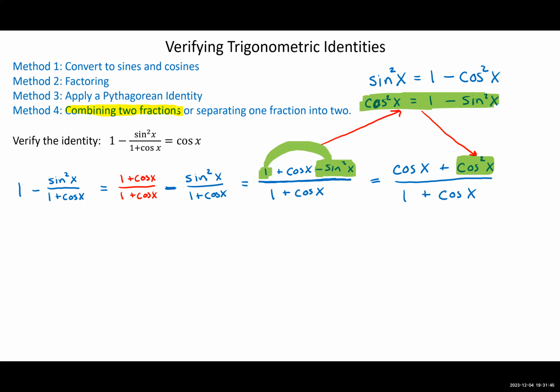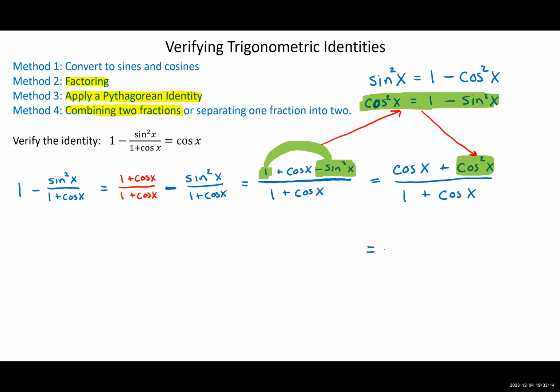So we combined fractions. We applied a Pythagorean identity. Now I think it's time to factor. So method 4, then method 3, then method 2. Looking at the numerator, I see some like terms there. We have a cosine in each term.